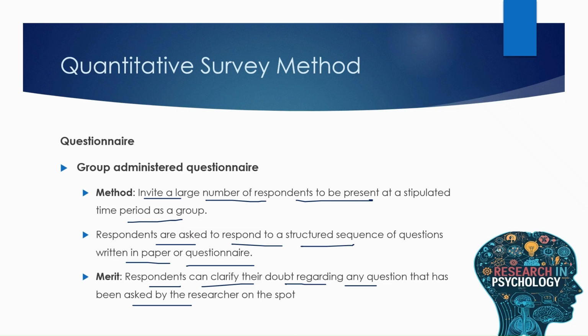So there will not be this problem here in group administered questionnaire, because if the respondent has any doubt while reading the questionnaire, he or she can directly clarify it from the researcher, right? And if the researcher is going through the responses at the same time, they can also get the responses clarified or may not, their choice, right? So that is group administered questionnaire.